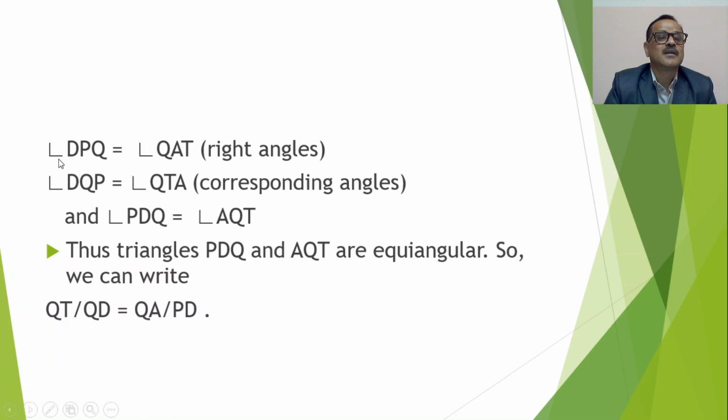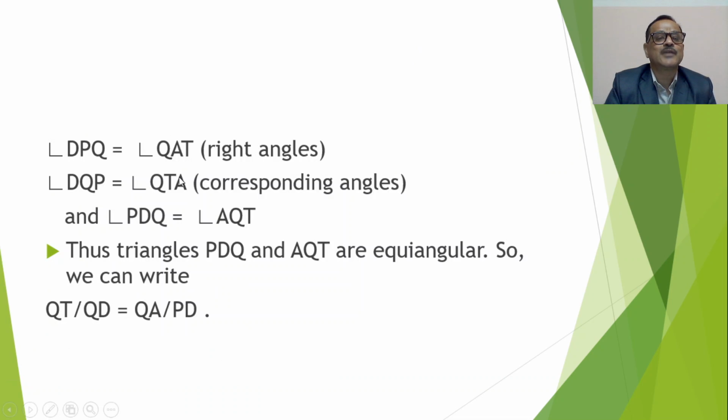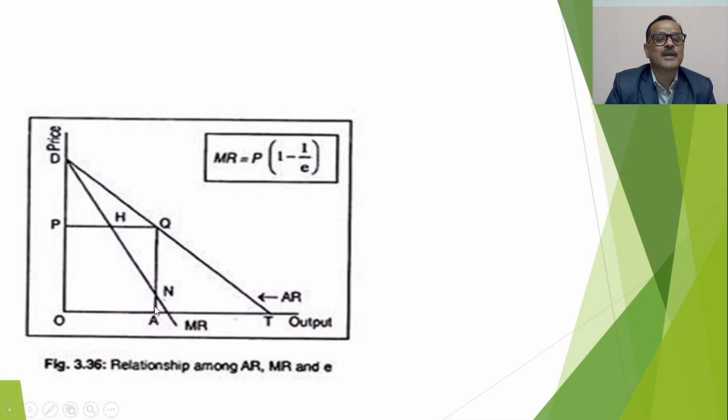Here, triangle DPQ, a right angle triangle, and right angle triangle QAT. Look, you can see DPQ. This is the right angle triangle, and next is QAT. This is also a right angle triangle.